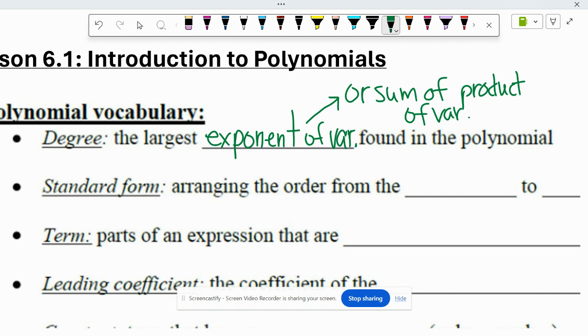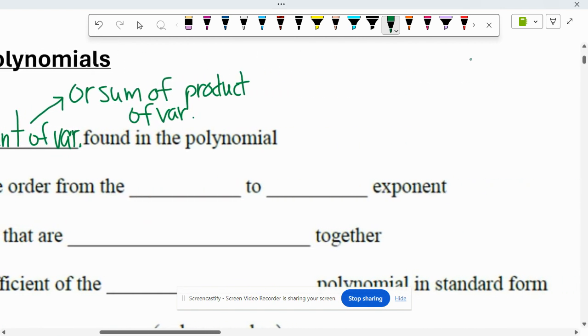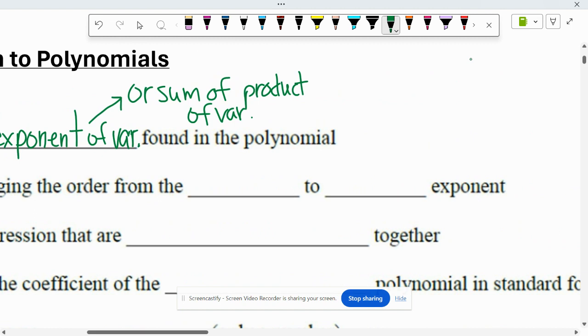And then I'm going to give you two examples because I think that definition can be confusing, but you might see both, okay? My first one is just going to be the largest exponent attached to a variable.